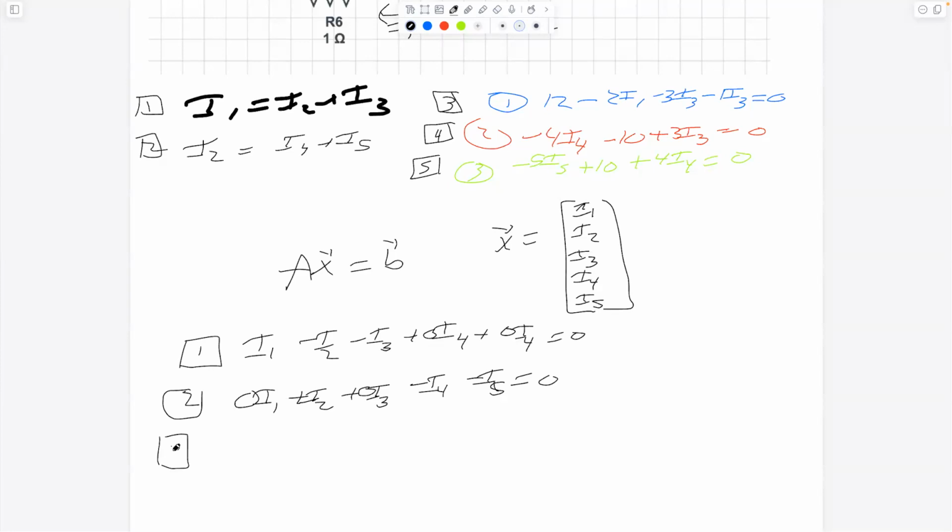Equation 3. So that I don't have to deal with all these negatives, I'm going to do some of this in my head here. I'm going to move all these negative guys to the other side to make them positive. So then I would get 2 I1. I don't have any I2s.